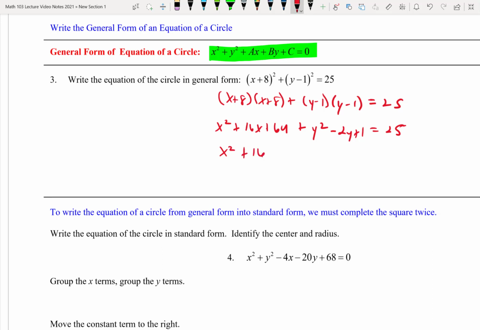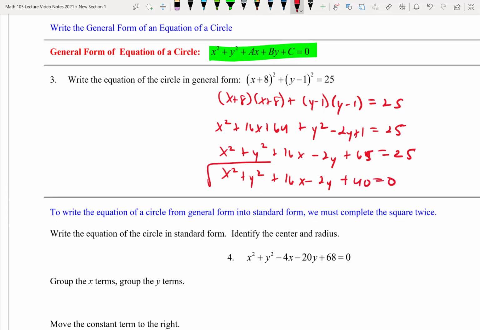Actually, we want the square terms first. So x squared plus y squared plus 16x minus 2y plus 65 equals 25, and then subtract 25 from both sides. So there's the equation in the general form.